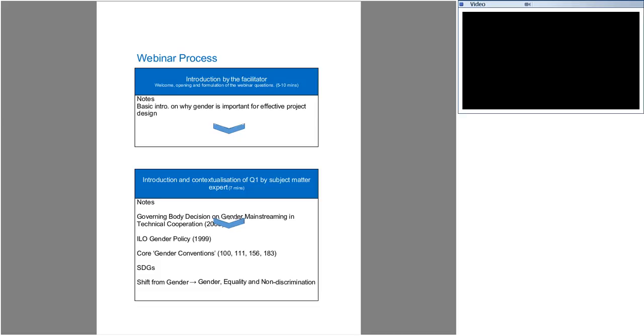So we don't simply work on promoting equality between women and men, but we work on promoting equality across the board: disabled and non-disabled, Indigenous workers, and LGBT rights, lesbian, gay, bisexual and transgender workers. So gender equality is now contextualized within a broader framework of promoting equality and combating discrimination. Even the cross-cutting policy objective is not on gender equality now, it's gender equality and non-discrimination. So it's all within a framework of working on these issues holistically together. Well, that's what the Director General wants us to do.